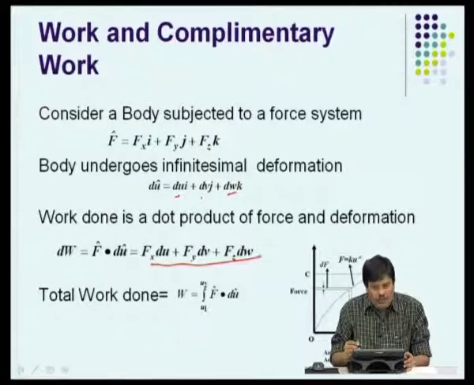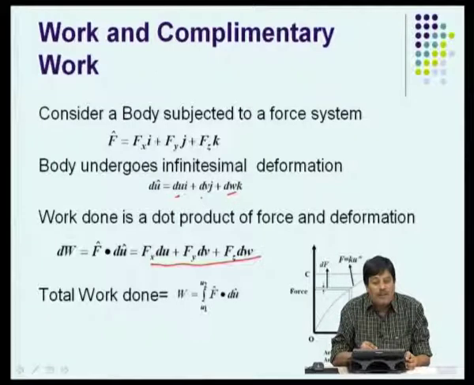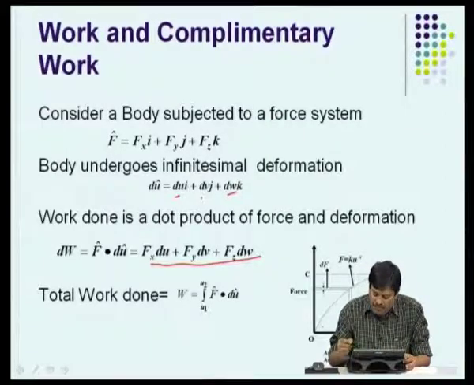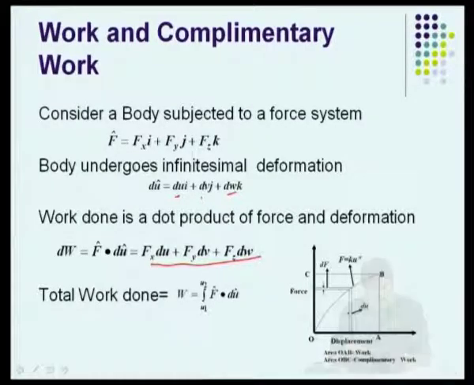So, this is the infinitesimal work done that we have defined. Total work done is the integral between the displacement u1 to u2 of the dot product. If we plot this in a pictorial view, if we have the force displacement relation given by OB here, the area under OB is the work done.